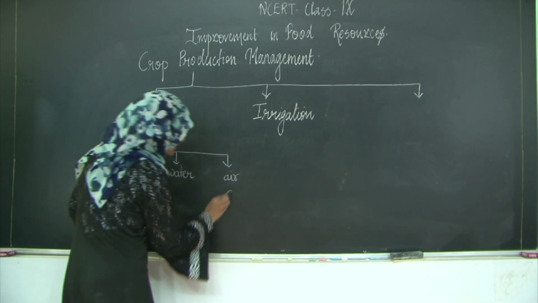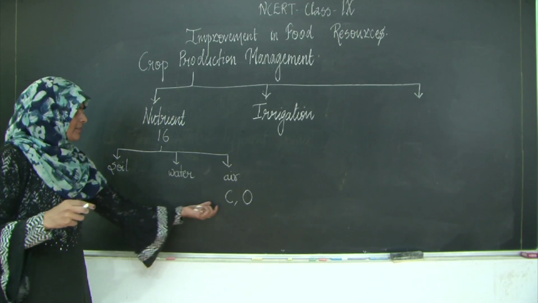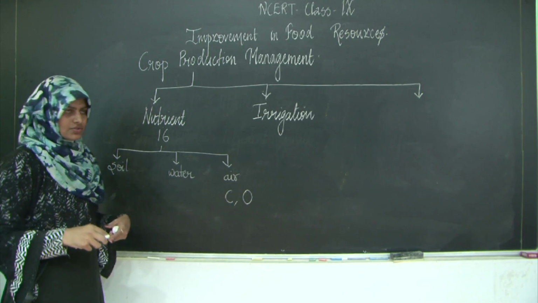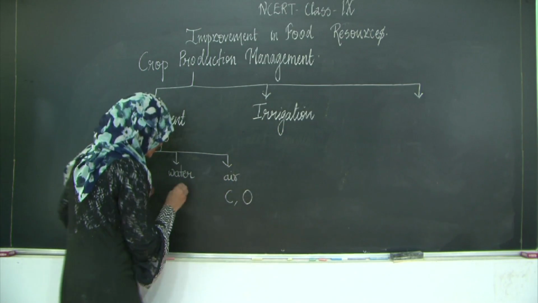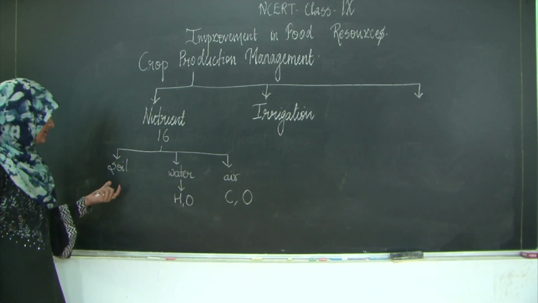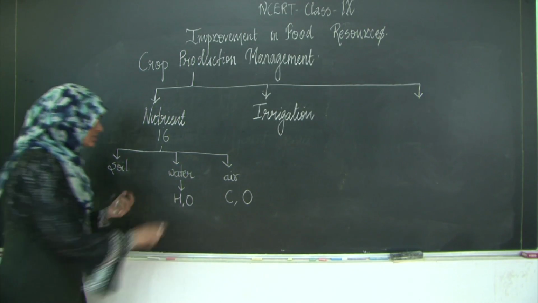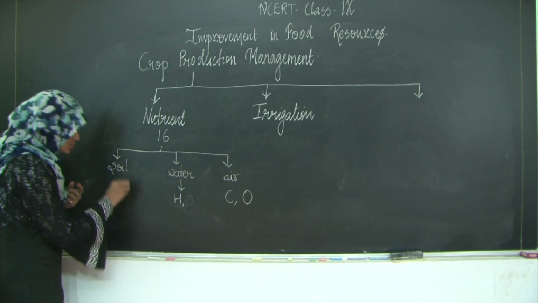They will get carbon dioxide and oxygen. That is, if I want to write the proper elements, it is carbon and oxygen. Then from water, they will get hydrogen and oxygen. The next one is soil.